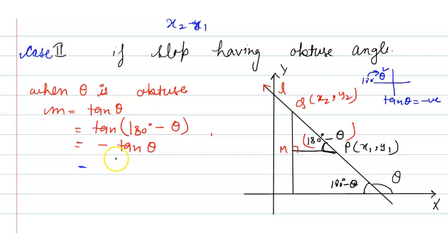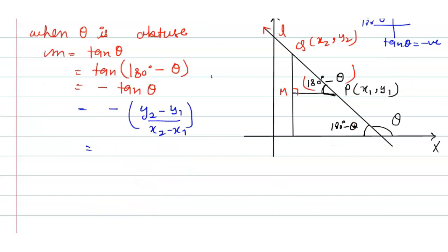So we write minus of y2 minus y1 upon x2 minus x1. Multiplying the minus inside, it can be written as y1 minus y2 upon x1 minus x2. This is the slope of the line if theta is obtuse.